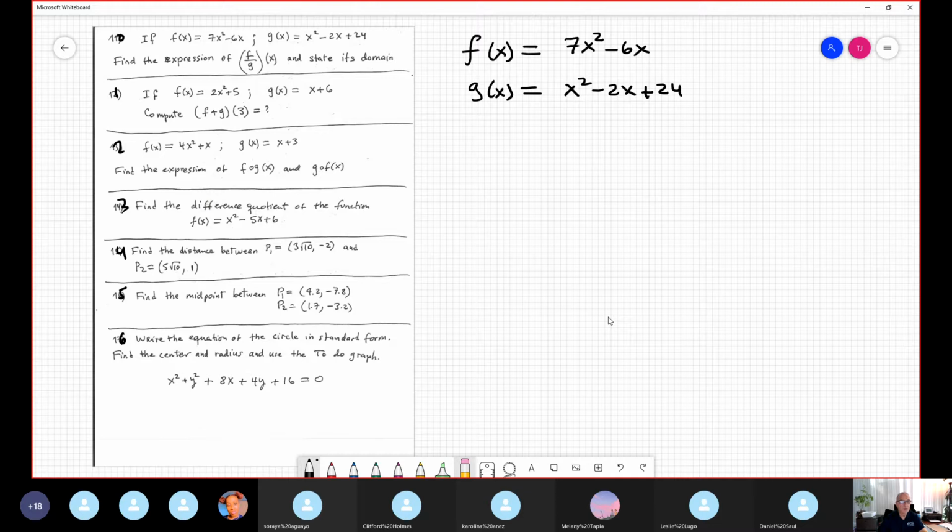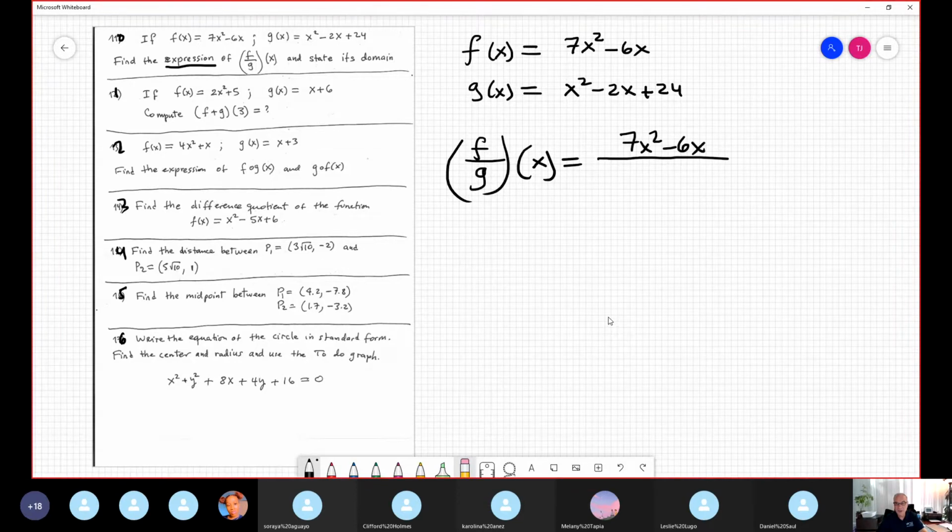And then, can you find the expression of the division, f divided by g of x? It's super easy. You put f in the numerator and you put g in the denominator. And that's it. No, that's not it, because in the second part of the question you need to state its domain.